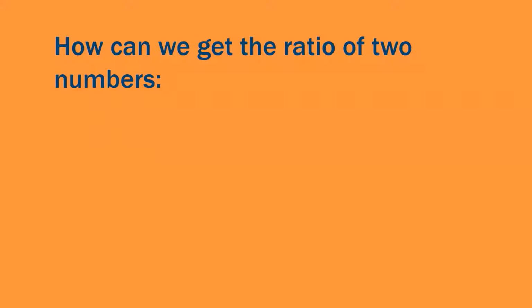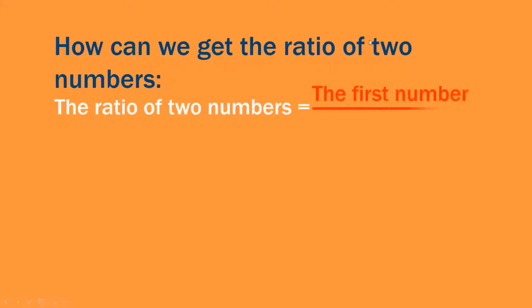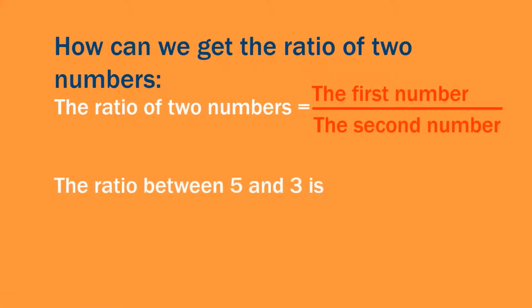How can we get the ratio of two numbers? The ratio of two numbers equals the first number over the second number. For example, the ratio between 5 and 3 is 5 over 3, or 5 to 3.